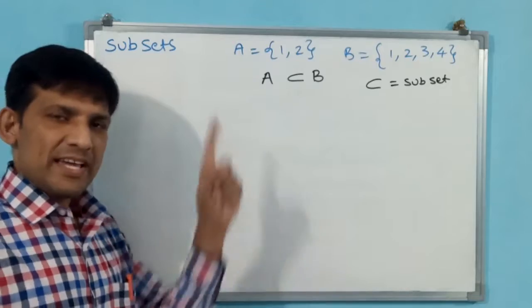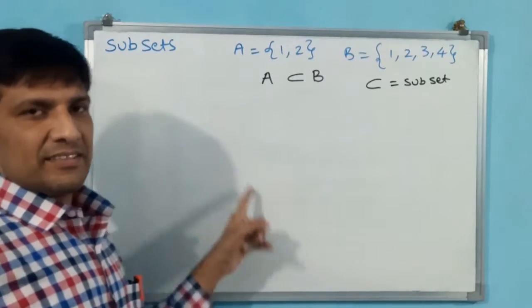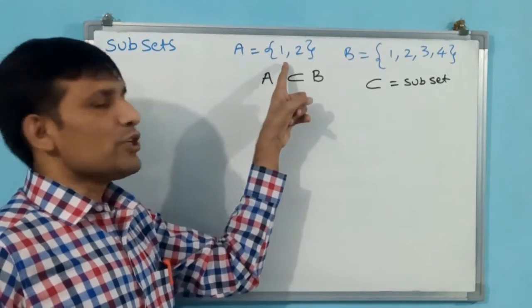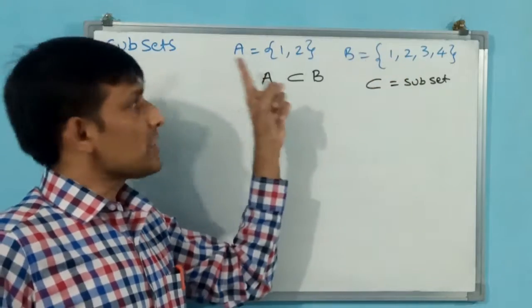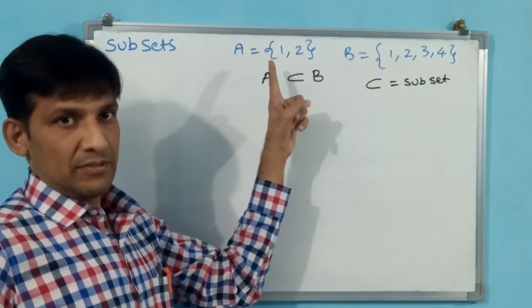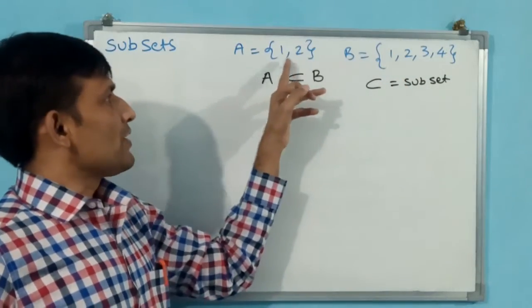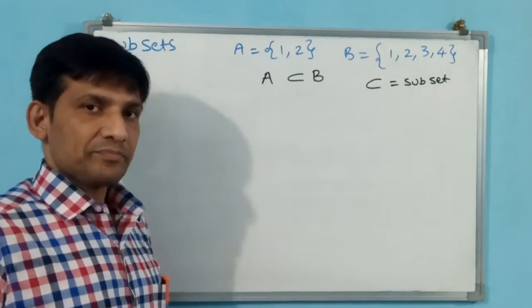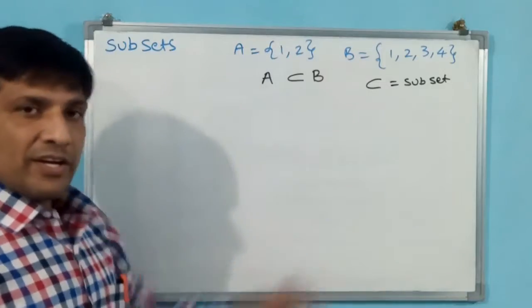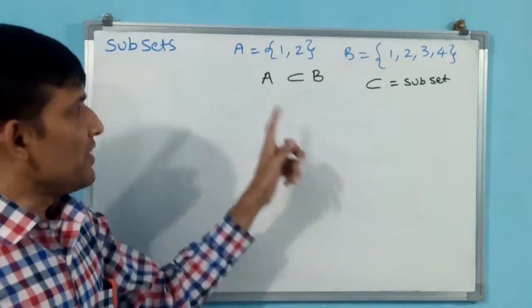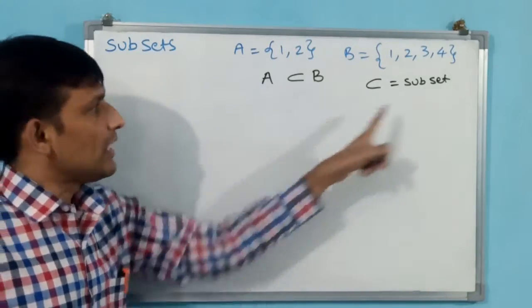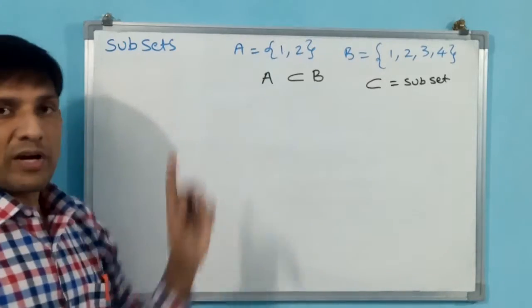Why is A less here? Because A has only two elements, and B has more elements than A. B has four elements, 1, 2, 3, 4. That is why A is a subset of B. You have to call A a subset of B.